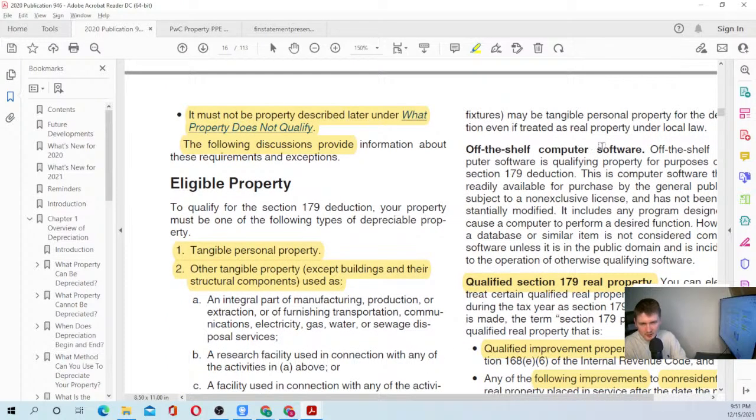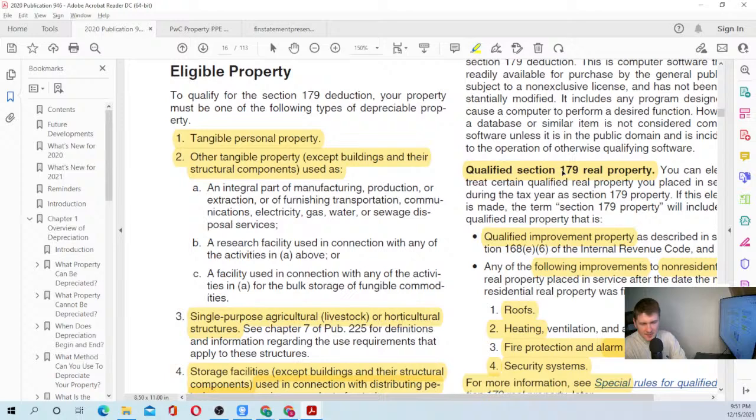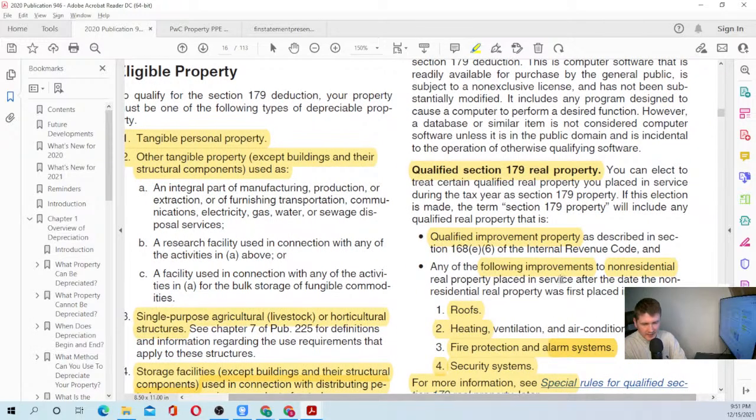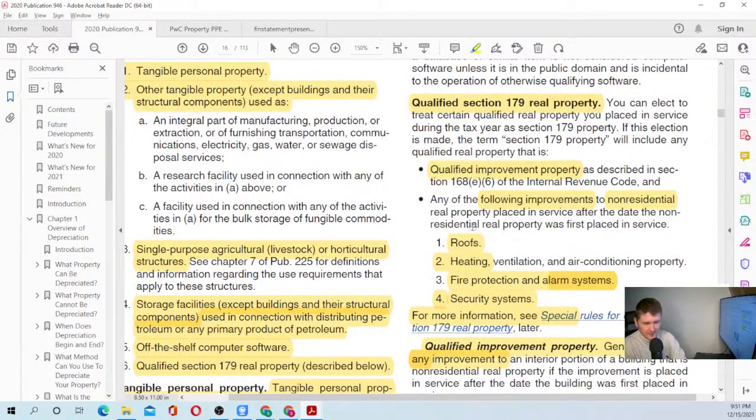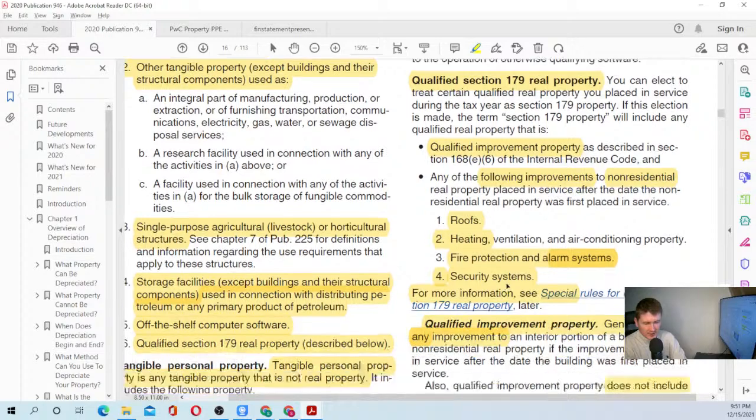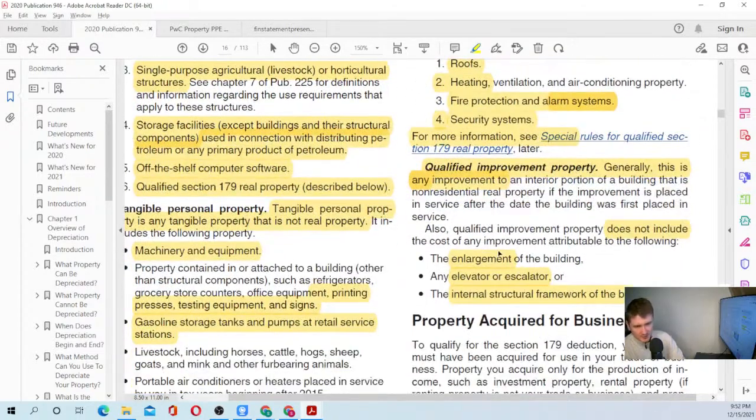And also computer software, and some real property which qualifies, mostly improvements to non-residential real property like roofs, heating, fire protection, security systems.